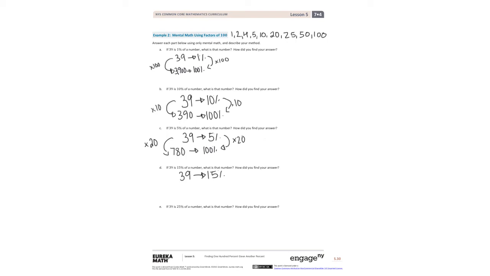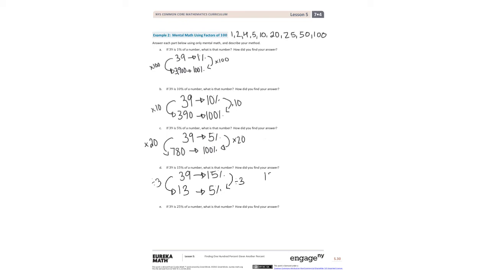So first we're going to try to find out what our value is when it is at 5%. When I have 15, I'm going to divide it by 3 to get 5. So now I'm going to take 39 and divide it by 3. That is going to give me 13.